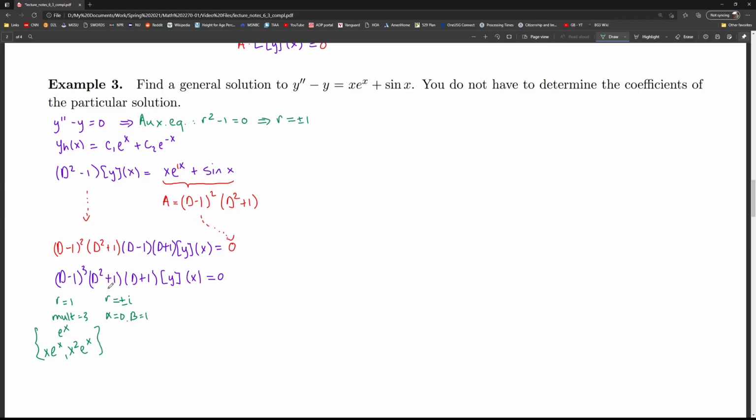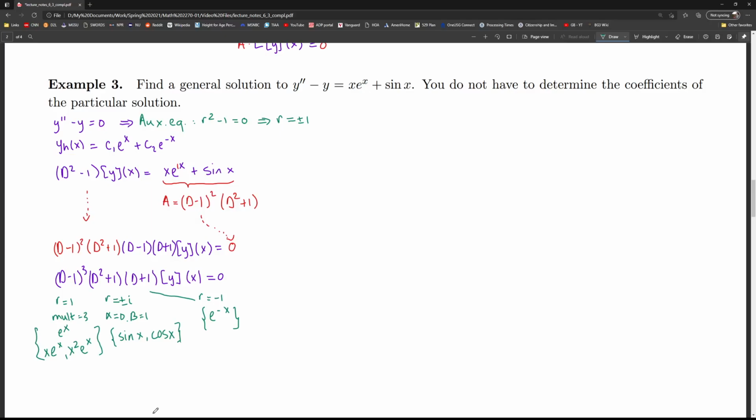And so the solutions associated with this part are just sine of x and cosine of x, because the e to the power 0x that comes with that alpha is just 1. And then finally, this last part, d plus 1, that's r equals negative 1, and it has multiplicity 1, so we only get e to the power negative x from that.